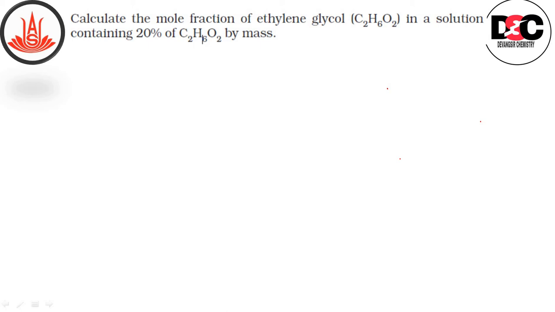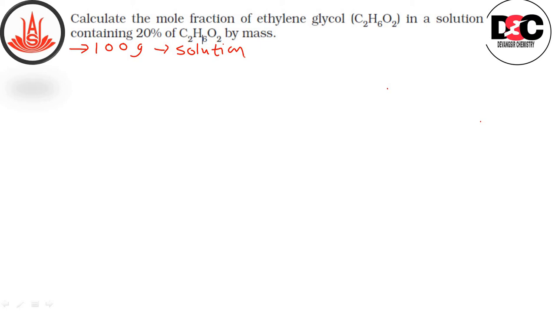So assume that we have 100 gram of solution. We have to assume it, okay, that it is 100 gram of solution. In percentage it is given, that's why 20% they have given, so we can understand it is 100.